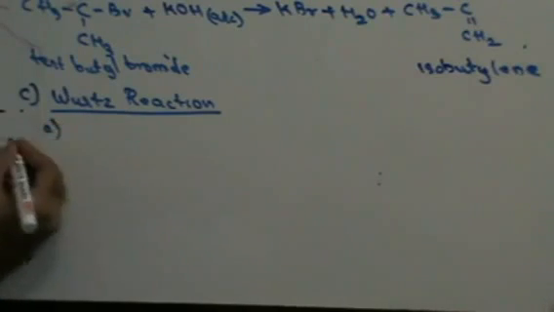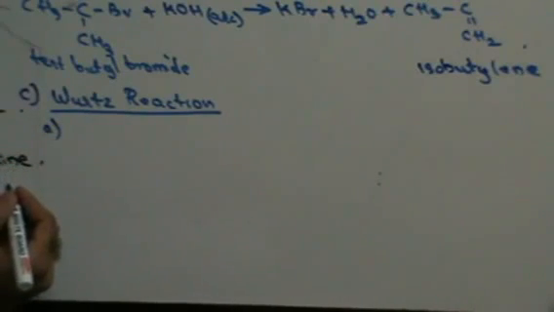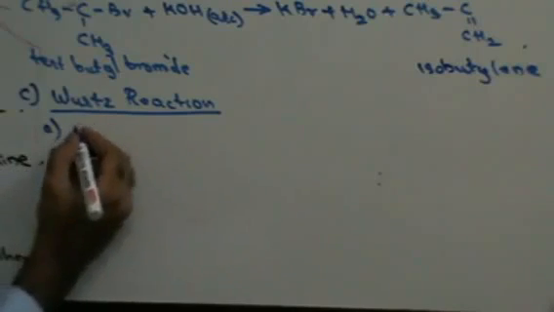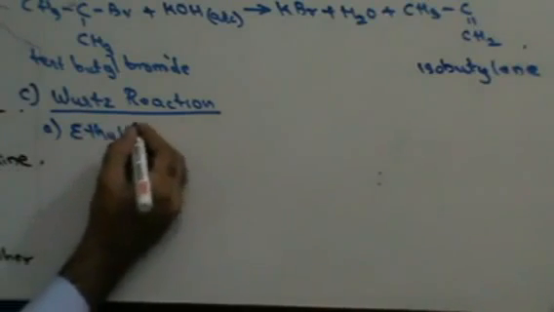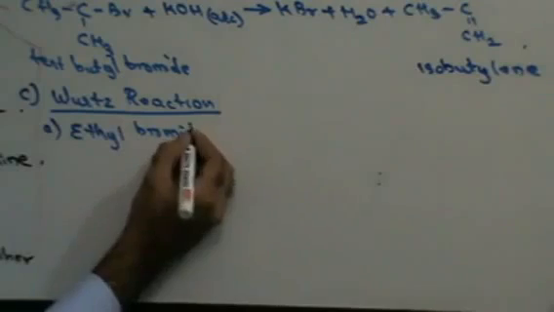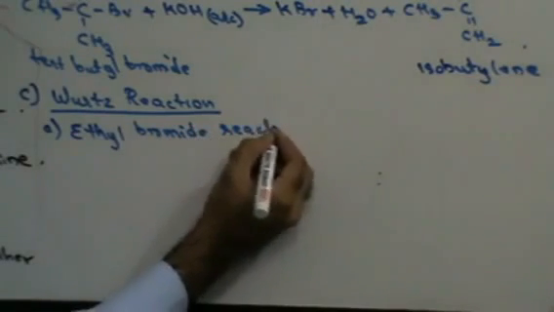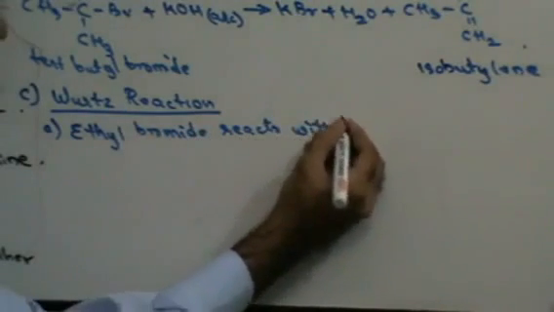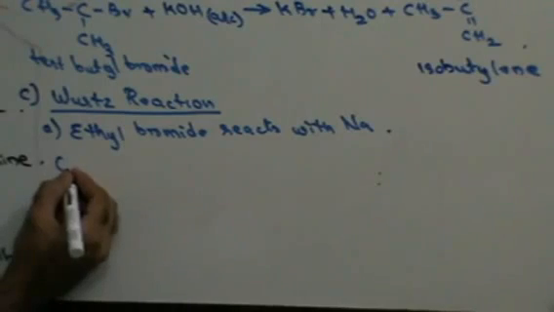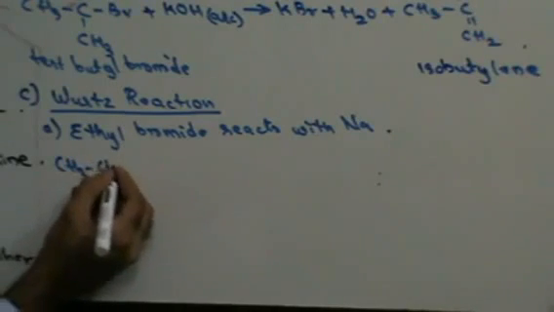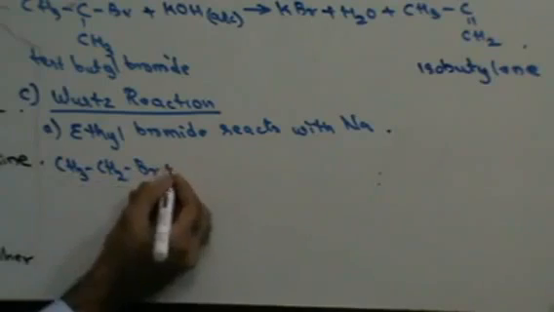What happens when ethyl bromide reacts with sodium metal? Ethyl bromide, CH3CH2Br.